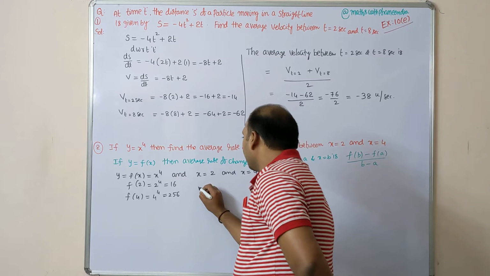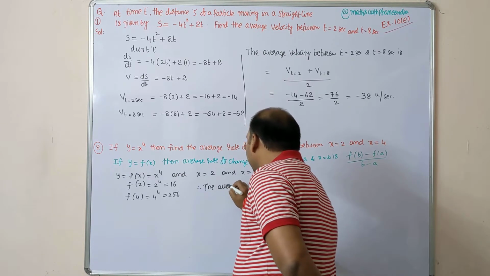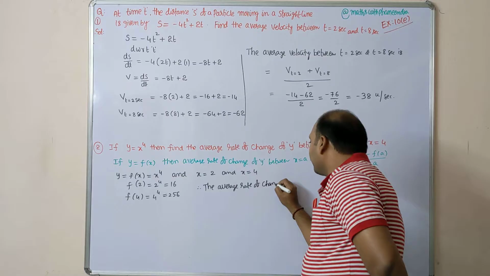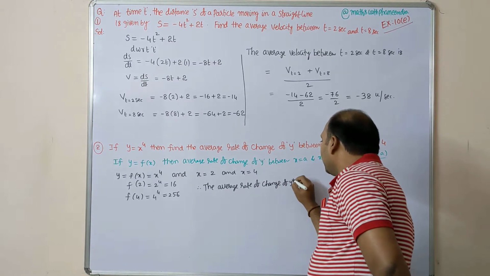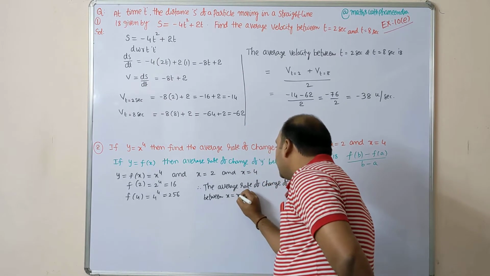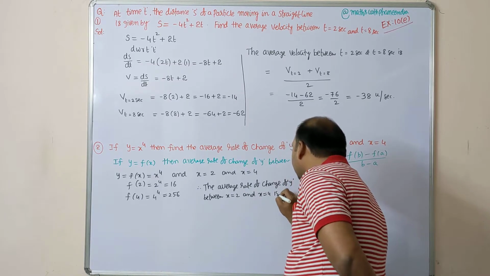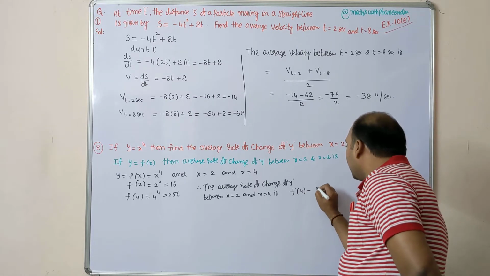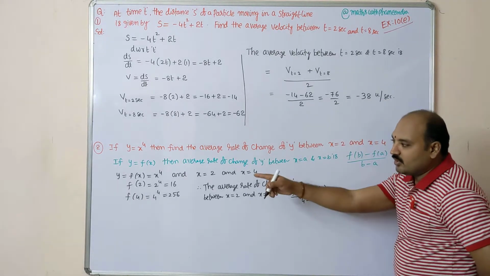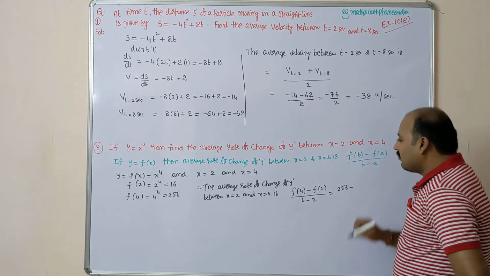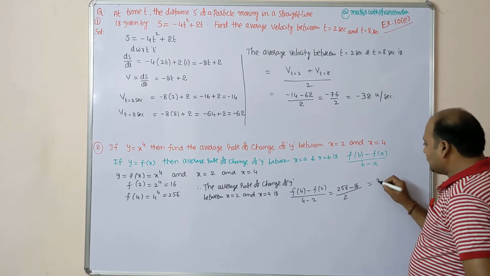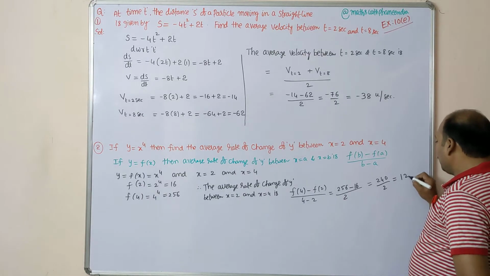After that, the average rate of change of y between x equal to 2 and x equal to 4 is f of 4 minus f of 2 by 4 minus 2, which is equal to f of 4 value we got it there, 256, minus f of 2 value, 16, by 4 minus 2. 256 minus 16 is 240 by 2, which is equal to 120.